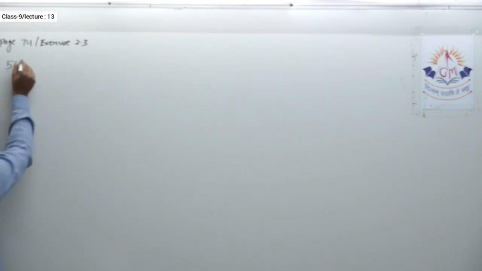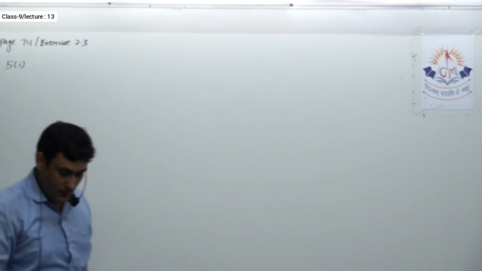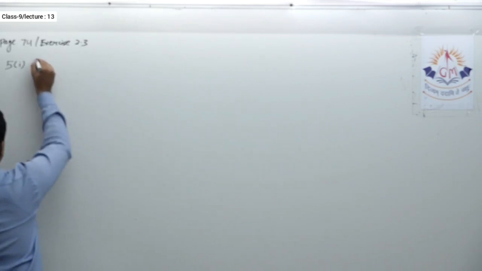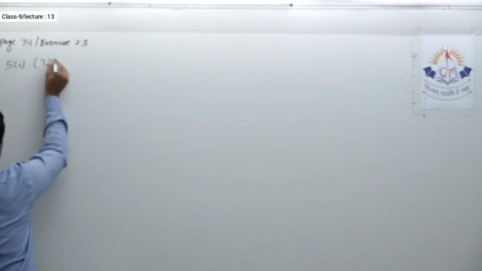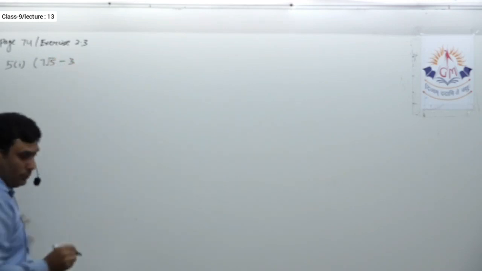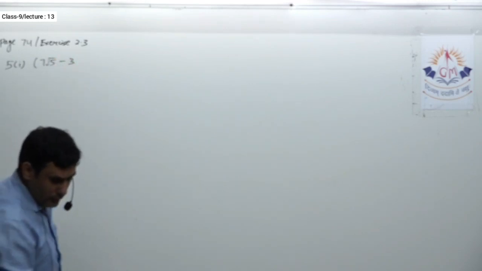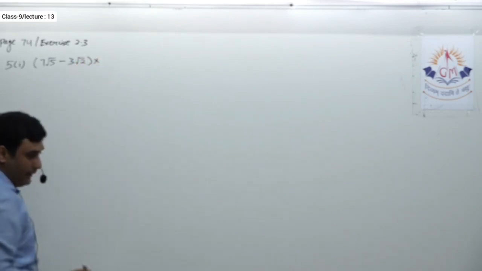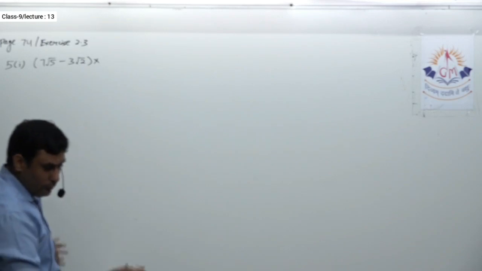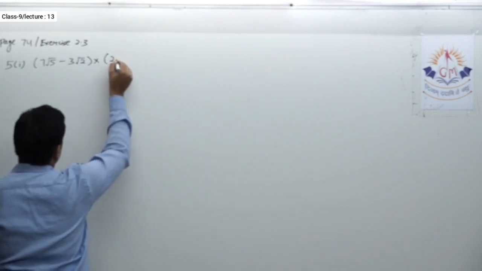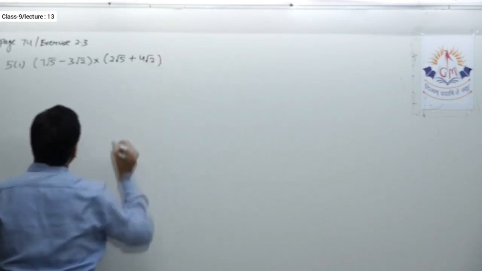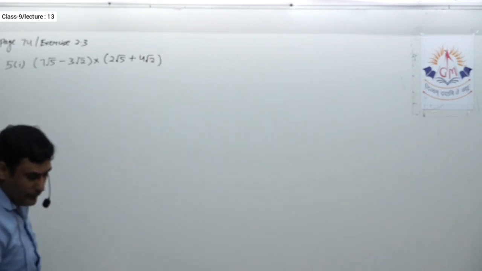Question number fifth, its first part. Here again you have to simplify (7 root 5 minus 3 root 2) multiplied by (2 root 5 plus 4 root 2). Okay, (7 root 5 minus 3 root 2) times (2 root 5 plus 4 root 2).